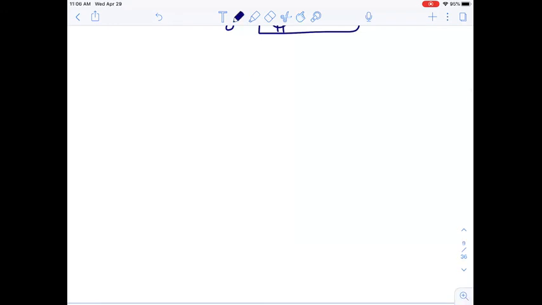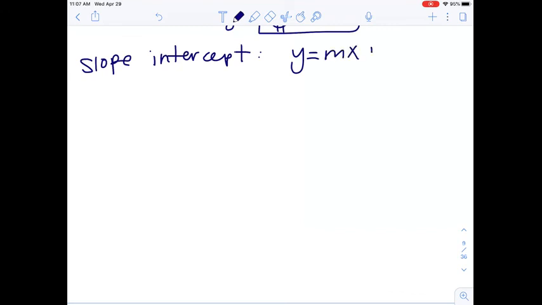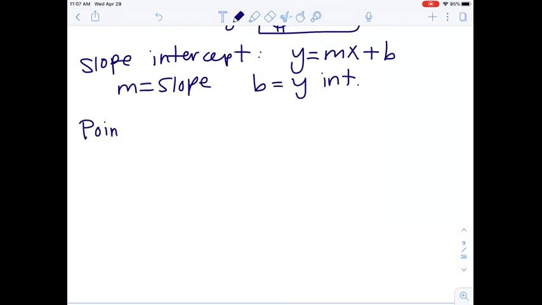Few things to just write down in your notes that would be helpful to use on your quiz. Slope-intercept form: y equals mx plus b. m is the slope. b is the y-intercept.